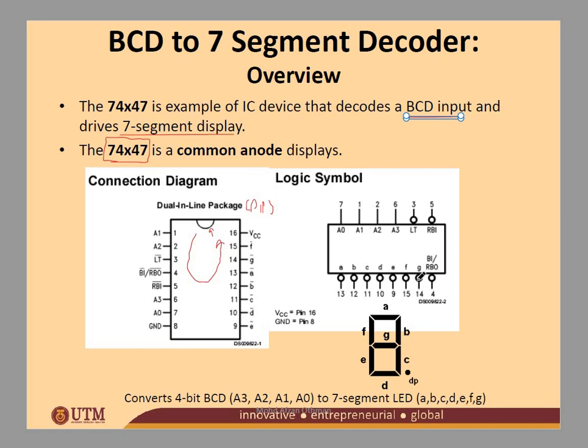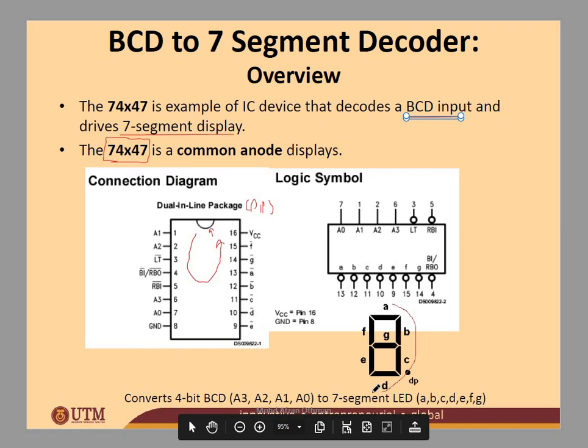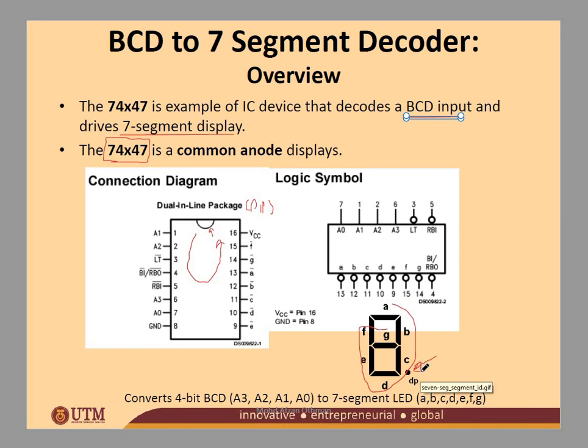So the logic symbol that we may have: we convert the 4-bit BCD A3, A2, A1, A0 to the 7-segment LED outputs A, B, C, D, E, F, G. You can see it is in a clockwise manner, and sometimes we have an input to make a DP output.